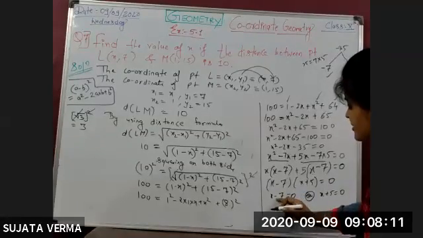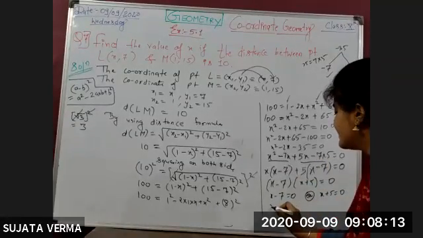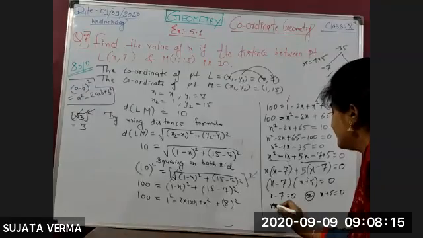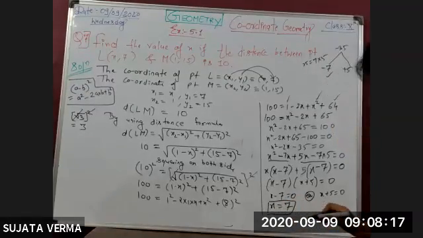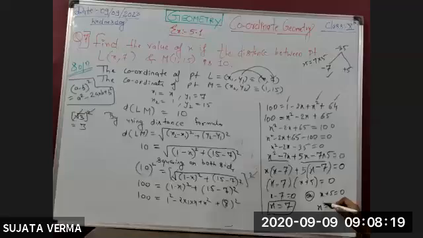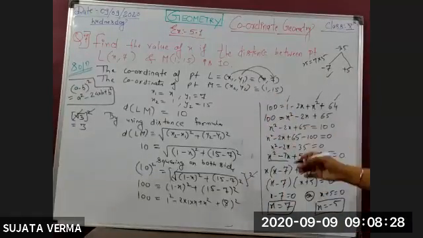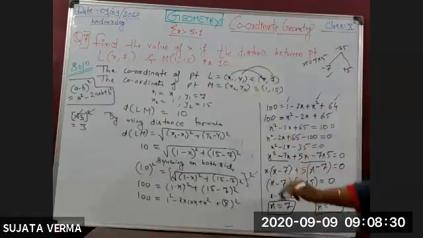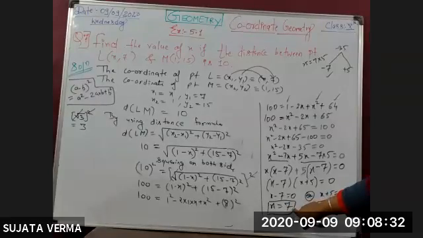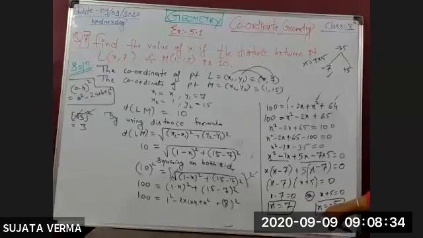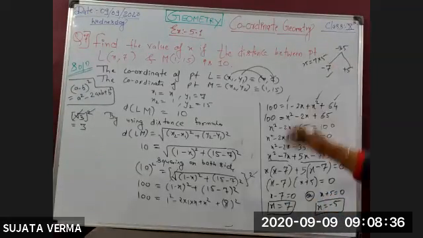When we take minus 7 to the right hand side, we get plus 7. And when we take plus 5 to the right hand side, we get minus 5. So after solving this problem, we get the value of x: x is equal to 7 and x is equal to minus 5. So take a screenshot.